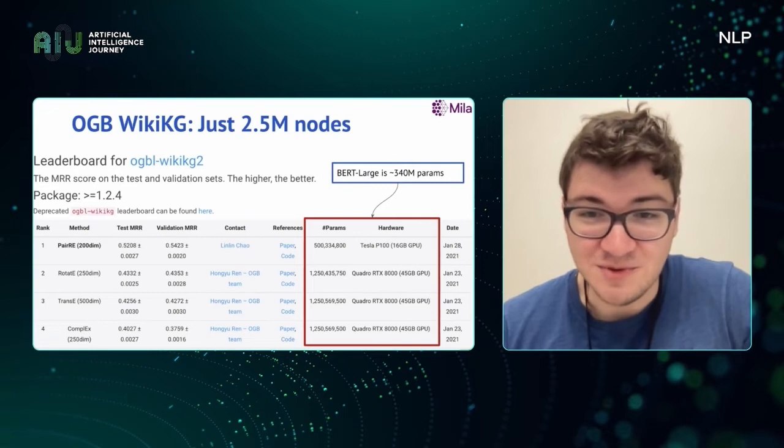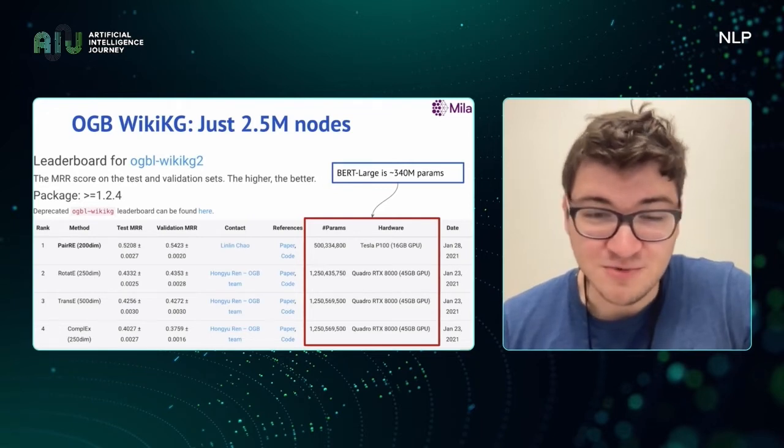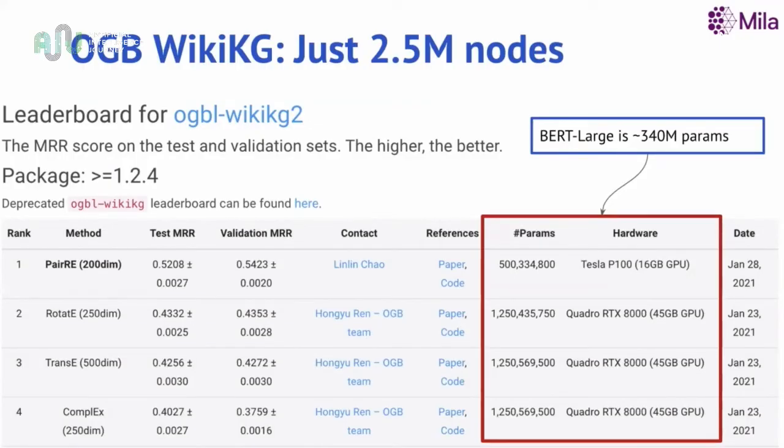A few more words about the non-optimal shallow embedding approaches if we look at modern benchmarking. For instance, WikiKG 2, part of the Open Graph Benchmark, has 2.5 million nodes. We can see that the best algorithms in the top rankings take up to 500 million or a billion parameters.